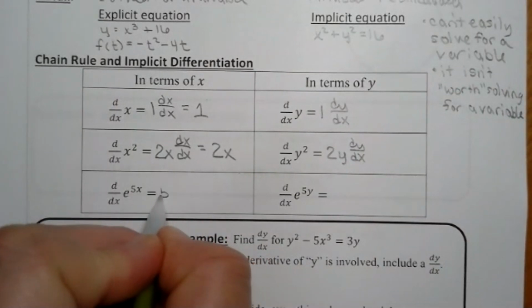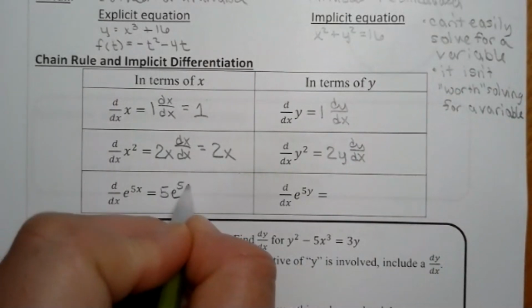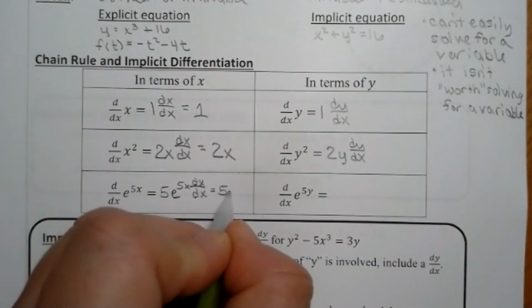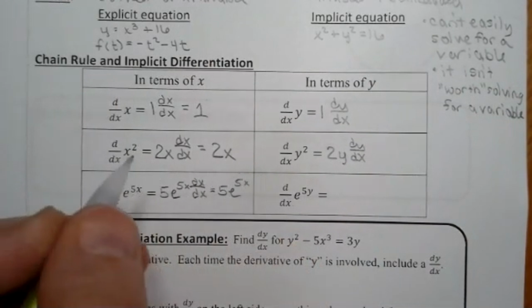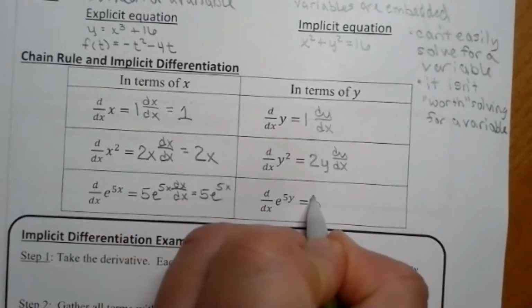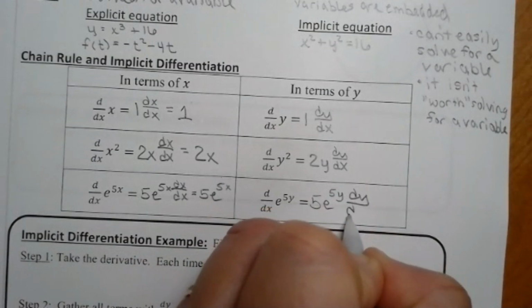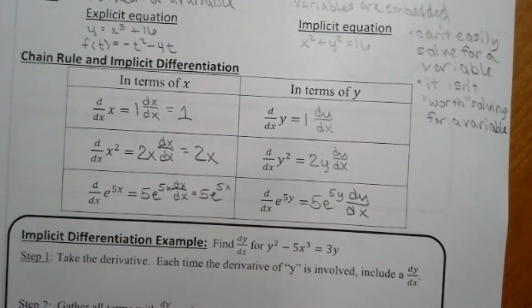The derivative of 5e to the 5x is 5e to the 5x, but for 5e to the 5y we have 5e to the 5y dy/dx. So basically, every time you take the derivative of a y, you're going to write dy/dx.